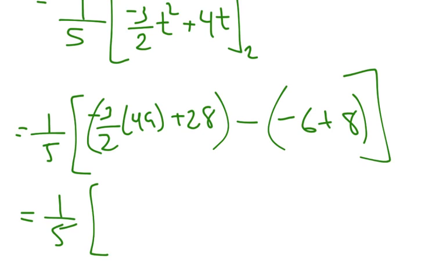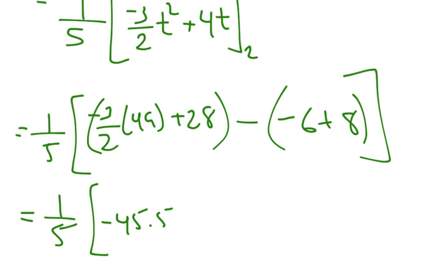Half of 49 is 24 and a half. 24 and a half times 3 is going to be 73 and a half, and it's negative, and you've got to add 28 to it. 73 minus 28 would be 41. I'm sorry, we get negative 45.5.